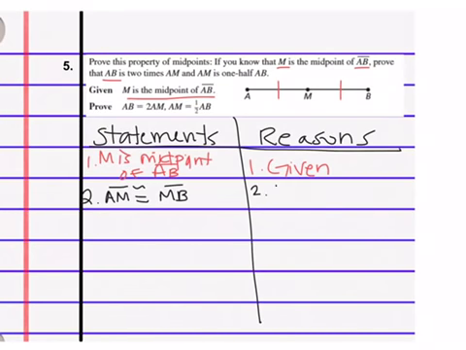What's my reason going to be? Definition of midpoint. All right, then kind of like the last proof, I'm now going to say AM equals MB. And that's the definition of congruent segments.